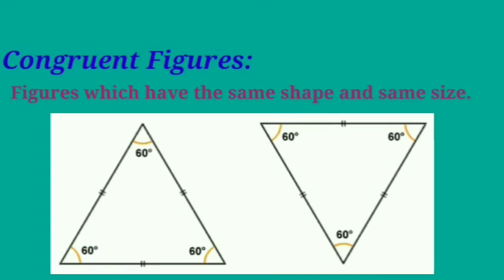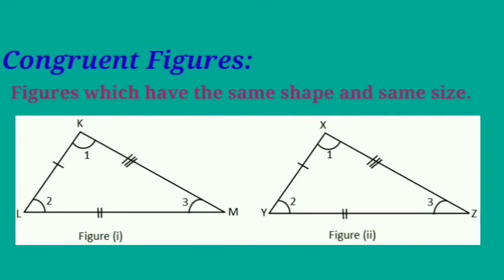Next concept is about congruent and similar figures. Congruent, we already learned in 9th class, that is congruency. Congruent means figures which have the same shape and same size, or else we can say exactly equal to each other.